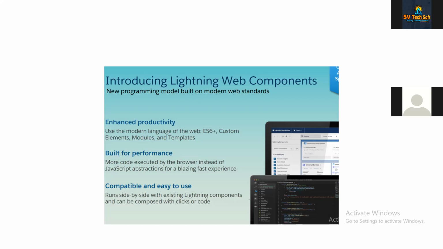For example, we can use it with Java, we can use it with Node.js. They can be anything at the backend, and we can use it because Lightning Web Components are open source. So this is also a very important feature of Lightning Web Components.